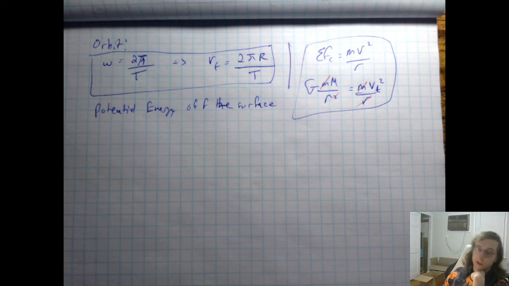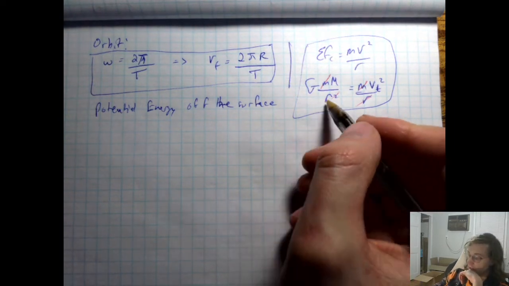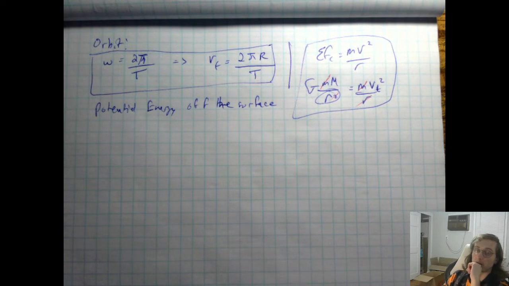The first thing that you need to do when you're finding potential energy is figure out what location should be your zero location. You could say that your zero location is the inside of the object. The problem is when r is 0, your force equation freaks out because it becomes undefined.